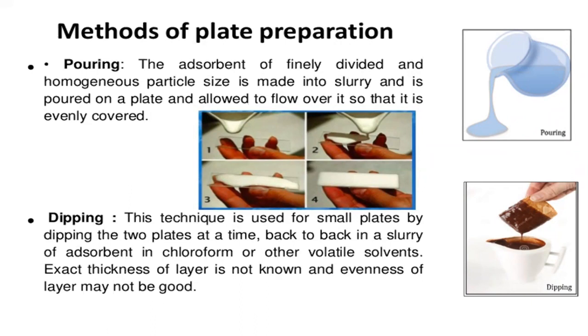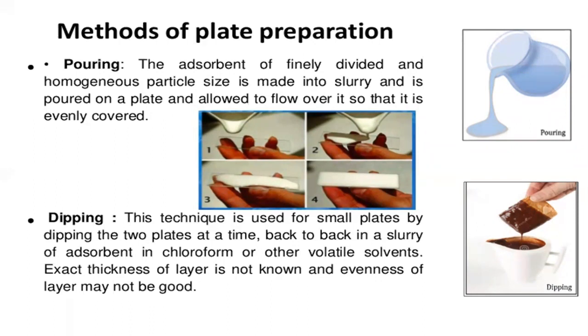Then you just move it for spreading purposes. It is a very simple method, but we are not getting homogeneous thickness on the entire plate. At some places the thickness is more, at other places the thickness is less. So we are not getting effective separation.